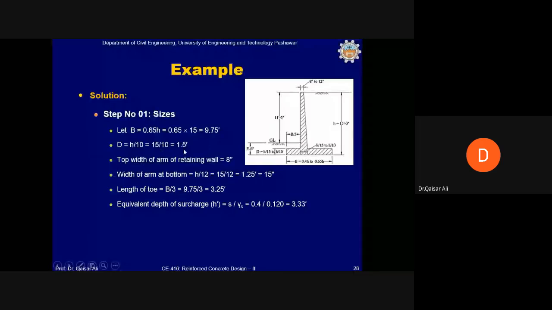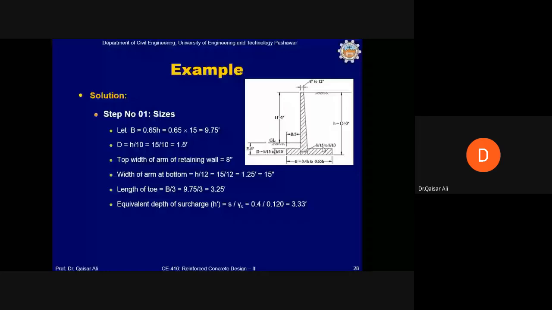Top width of the arm is taken as 8 inch. And the width of the arm at the bottom, here at this location, is taken as h by 12. Any value between those recommended can be taken, or any other value can also be assumed depending on the situation. But finally, we will have to check whether the size of the retaining wall is sufficient or not. If it is insufficient, we will change the size according to the requirement.